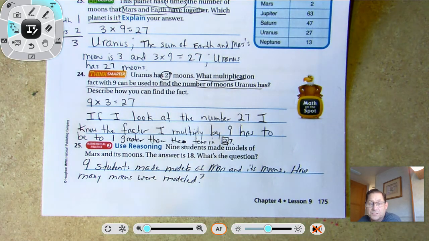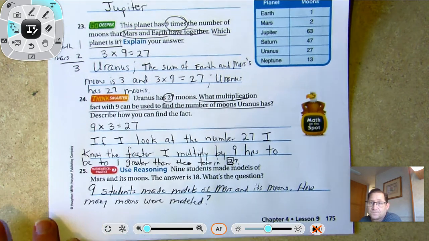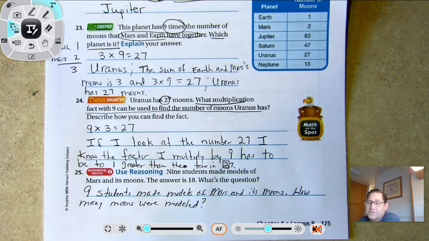So that seems like the question, right? If Mars has 2 moons and there's 9 students, 9 times 2 is 18. So basically, the 9 students would be modeling 18 moons. So how many moons were modeled?